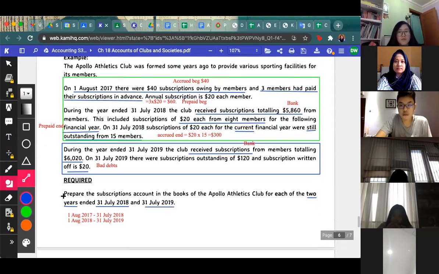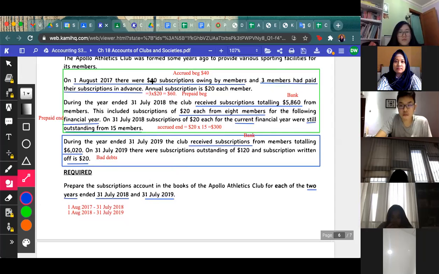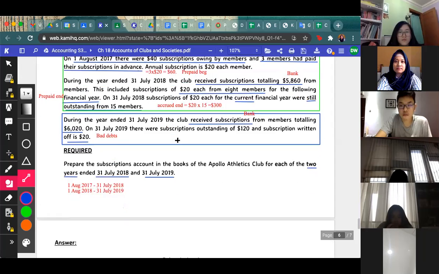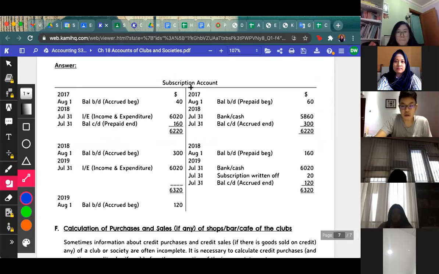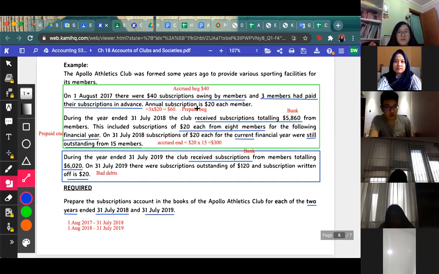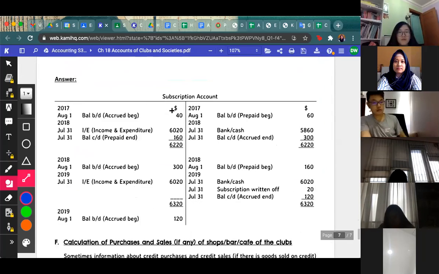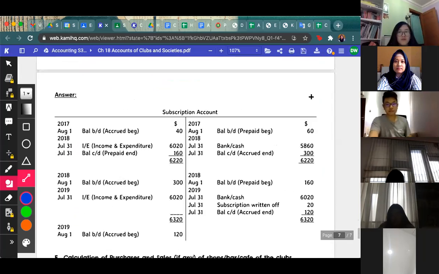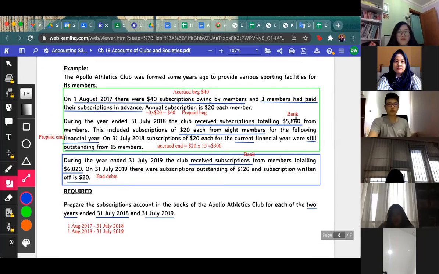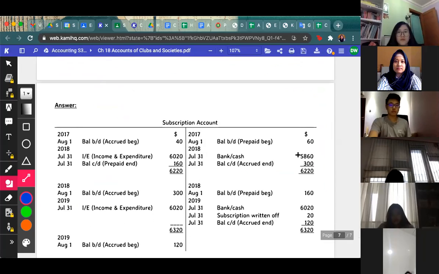Let's see. August 2017, 40 accrued beginning. Accrued beginning in the subscriptions account is on the debit side, so you put it on the debit side. And then you also have prepaid beginning 60, then you put it on the credit side, 60. And then bank received is 5,860, then you put it on the credit side.